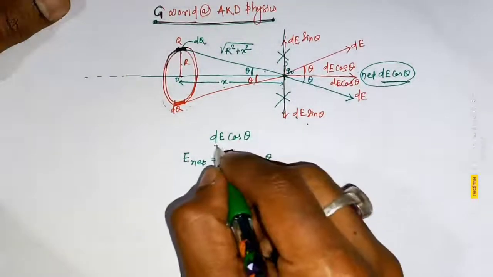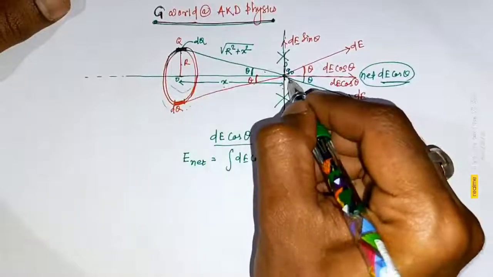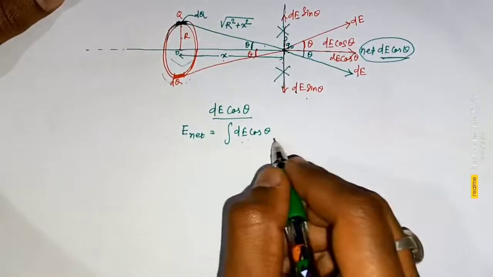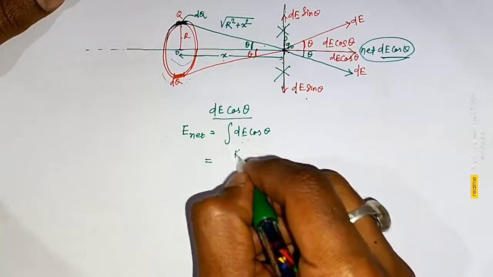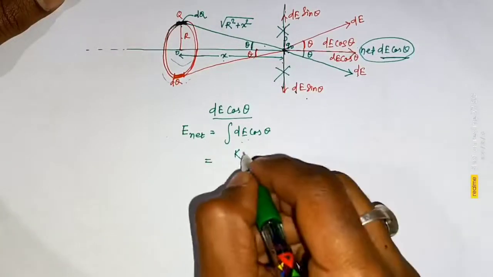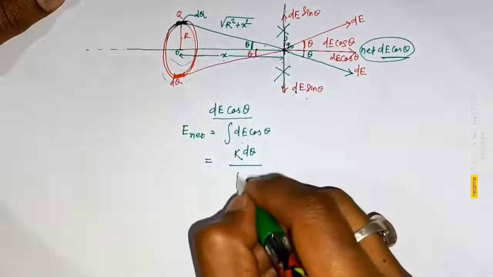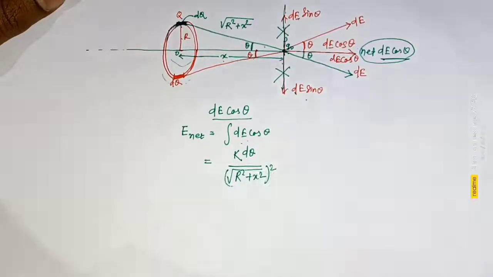So for the complete body, what is the net electric field? I can do the integration and write the integral of dE cos theta. What is dE? Can I say k dq upon r square, which is nothing but k dq upon (r square plus x square), like this.